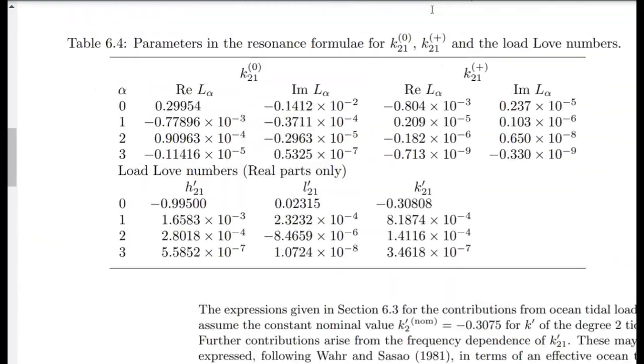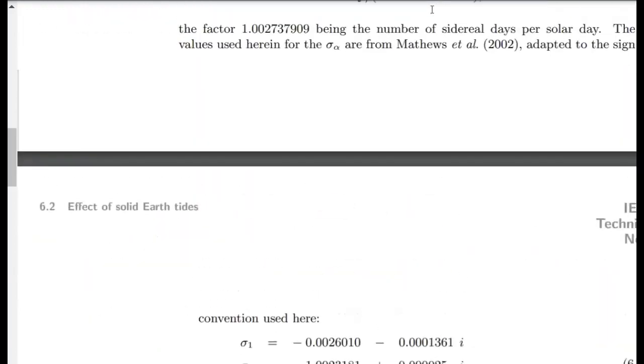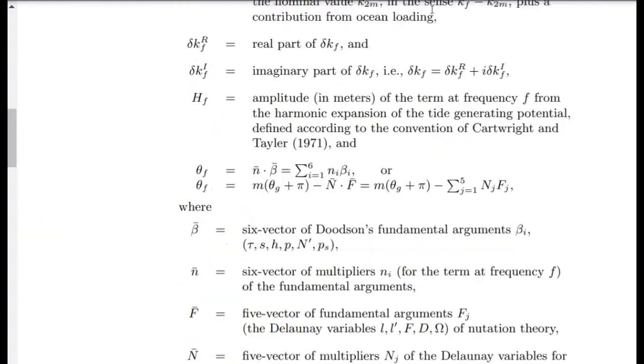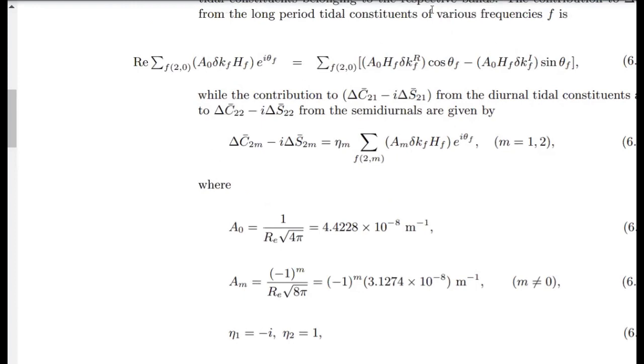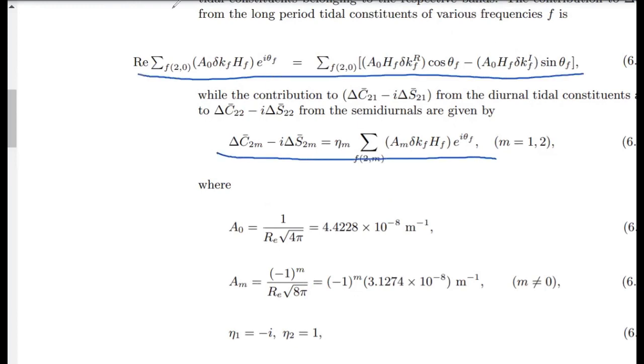And here you will correct the second degree, this one, for this zonal term and for the other term. So you can compute the effect. This is just for the degree 2.